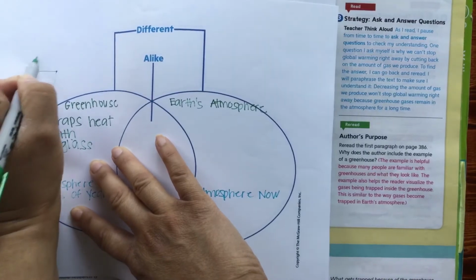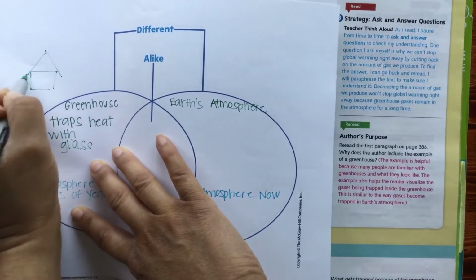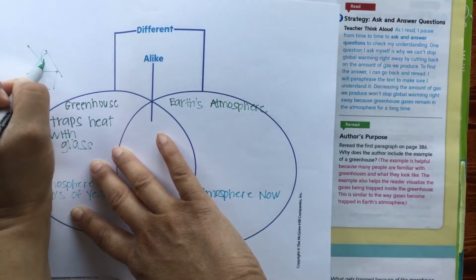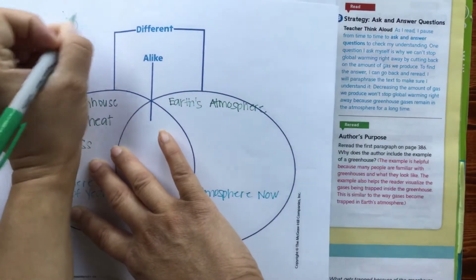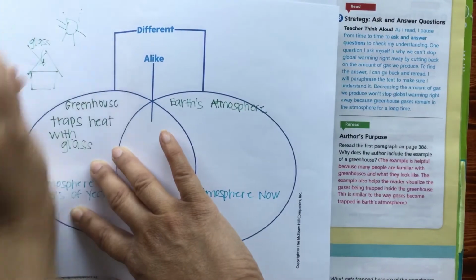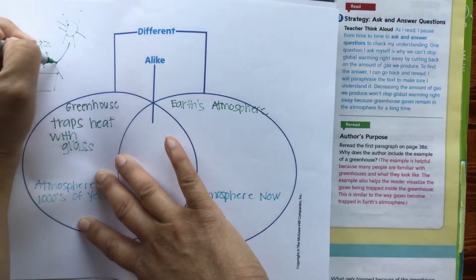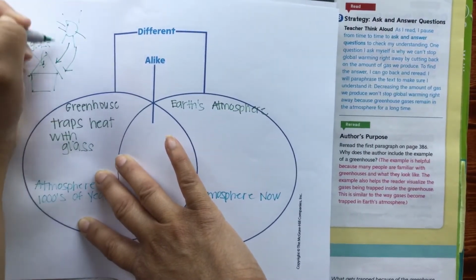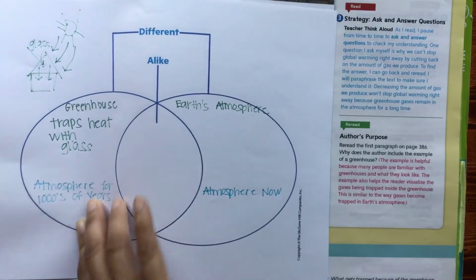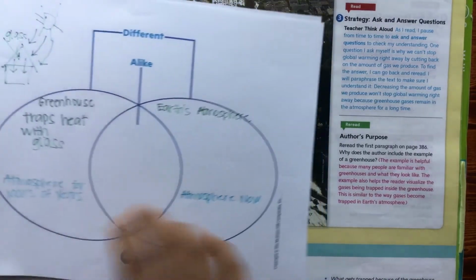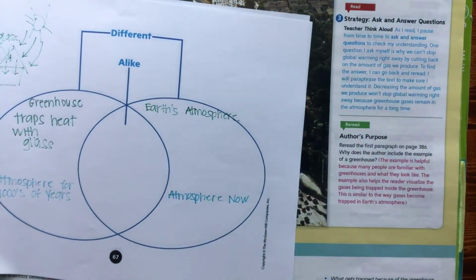So this is, let's say, my greenhouse, and the roof is made of glass. So that way when the sun is shining, all that heat goes in, and then those gases get trapped.